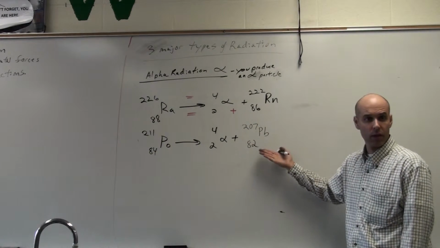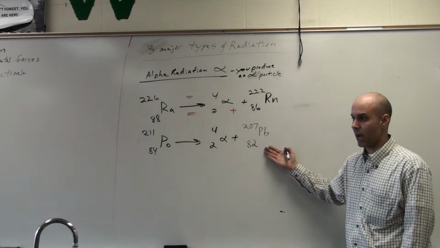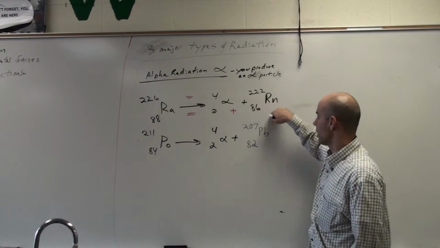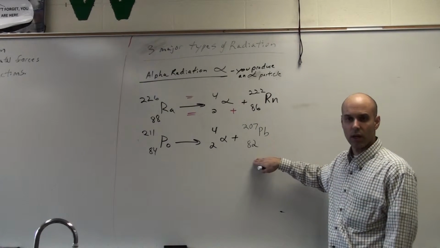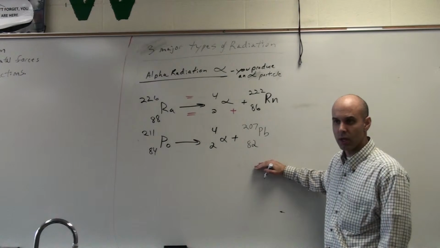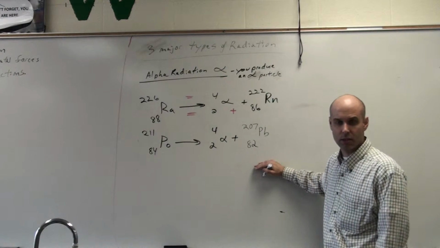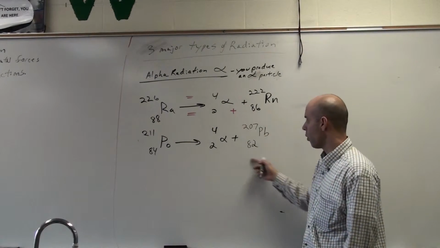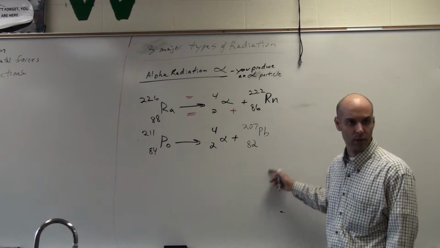No. And then the radioactive decay stops. So you can start with something radioactive, eventually it will no longer be radioactive. Now this takes sometimes years, sometimes decades, sometimes thousands of years to get to a point where it's no longer radioactive.